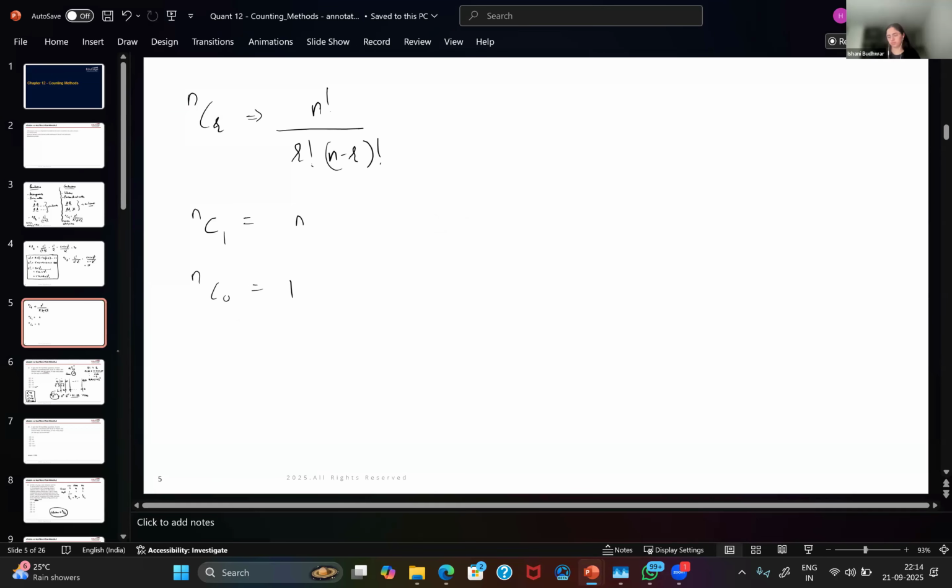Which means if I give you 6C1, that is 6. If I give you 6C0, that is 1. So these will simplify a lot of things, especially the nC1.